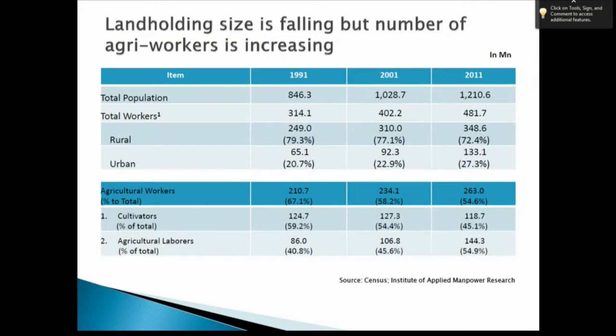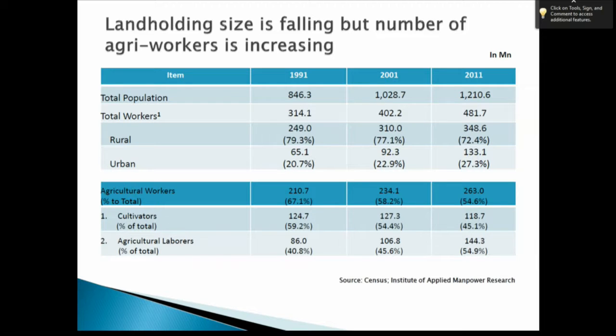Now, the workers, if we look at rural and urban split, is basically 72 and 27.3. So while 72% of our workers live in rural areas, 68% of our people live in rural areas. So the population split at the moment is 68-32, while the workers split is 72-27.